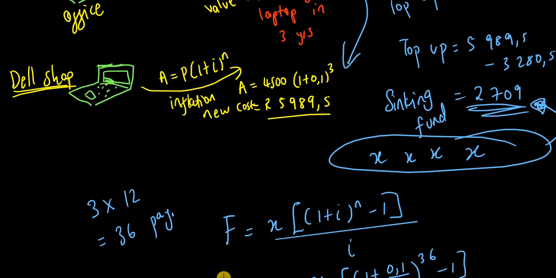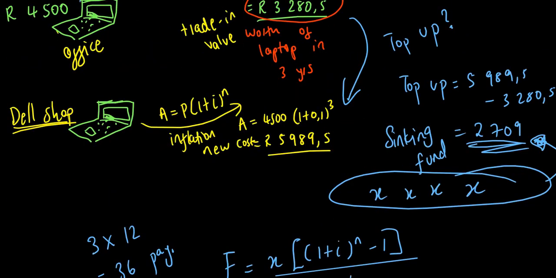Good people, if you do this, you'll be able to solve for how much must be paid monthly into the sinking fund. The sinking fund is the amount of money we want to have in future, so that we can afford to top up and buy a new machine.